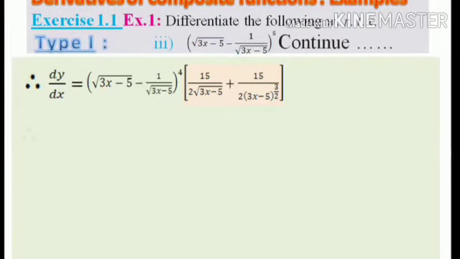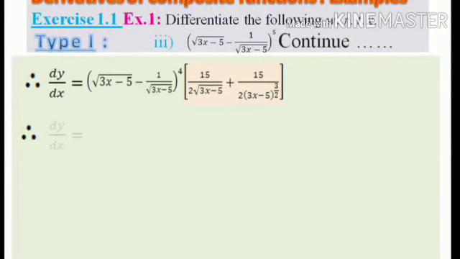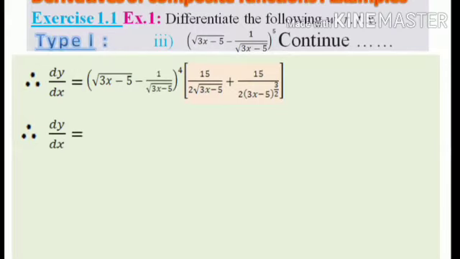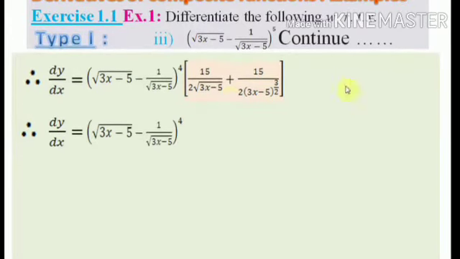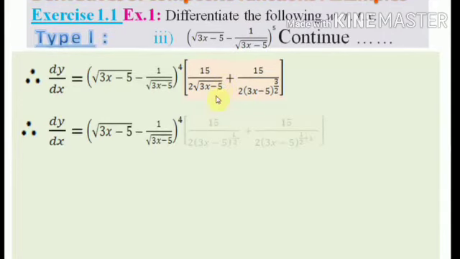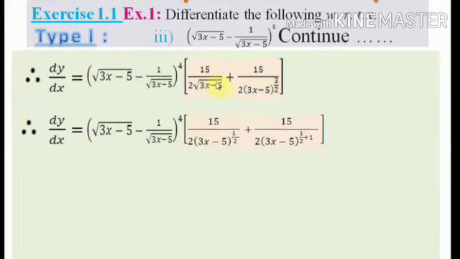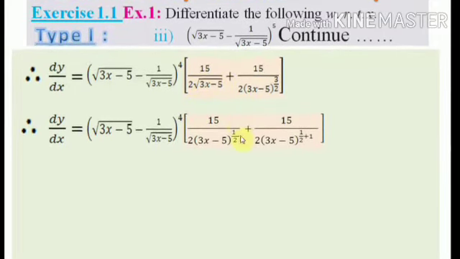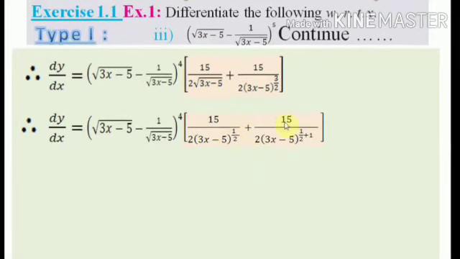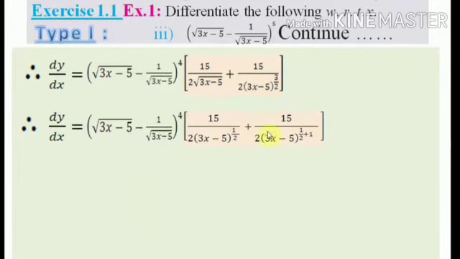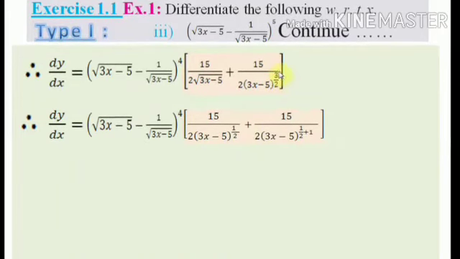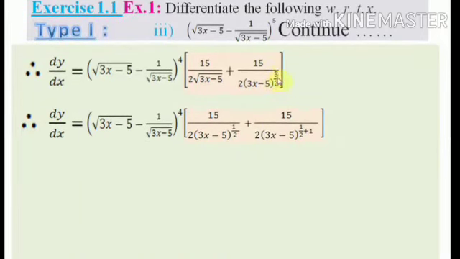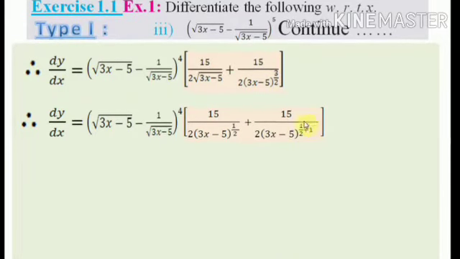Now we only have to simplify these terms. Therefore dy by dx equals the first term as it is, into the bracket: 15 divided by 2 root of 3x minus 5, taken as (3x minus 5) raised to 1 by 2, plus 15 upon 2 into (3x minus 5) raised to 1 by 2 plus 1.